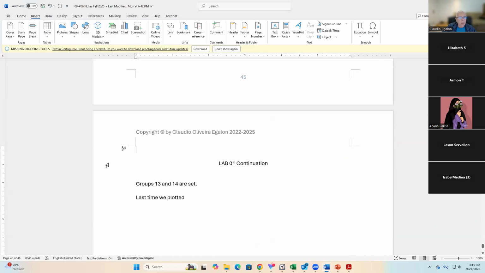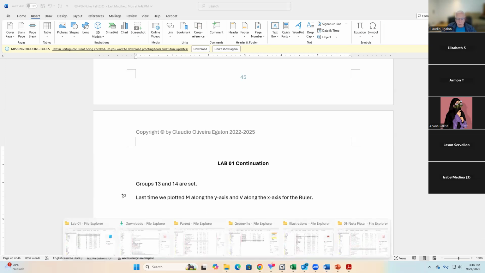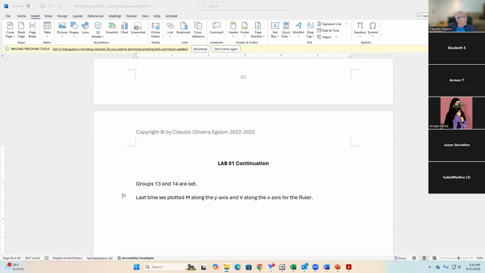Page break. Last time we plotted M along the y-axis and V along the x-axis for the ruler, right? That's what we did last time. I'm just gonna repeat what we did last time so you can refresh your memory.